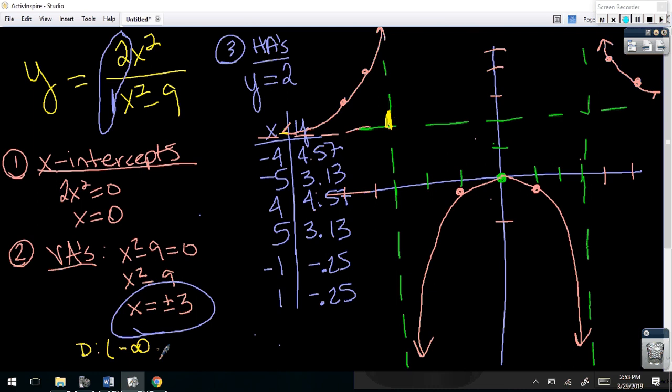Oh, stop. Asymptote at negative 3. But it picks back up after that, right? So negative 3, and then to positive 3. And then it picks back up with 3 to infinity. Oh, I forgot about that one. Yeah.